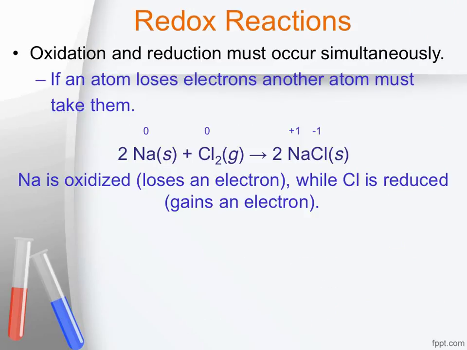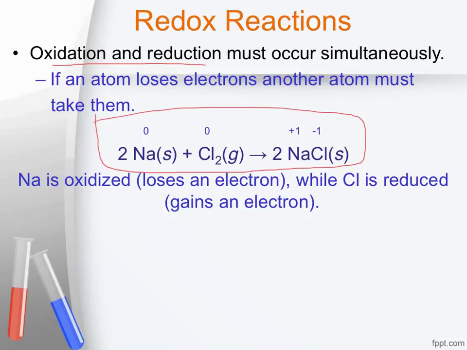All right, so again, as I said earlier, oxidation and reduction must occur at the same time. You can't have one without the other. Let's look at our favorite reaction, the production of sodium chloride. Let's say that we didn't know it was a redox reaction and we were trying to figure it out. What you do then is you write the oxidation number for every single element involved in this entire reaction.